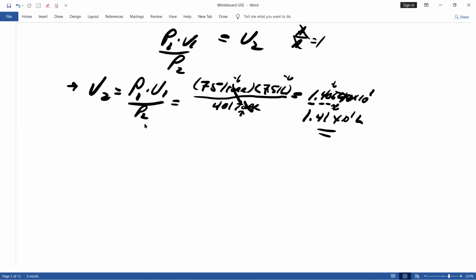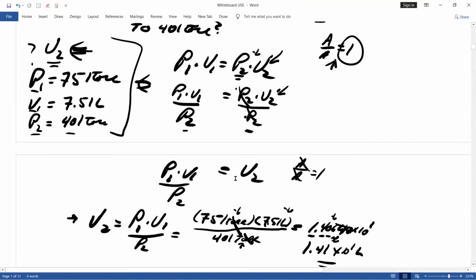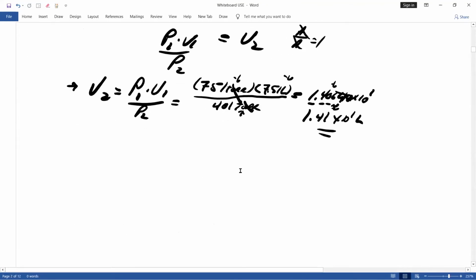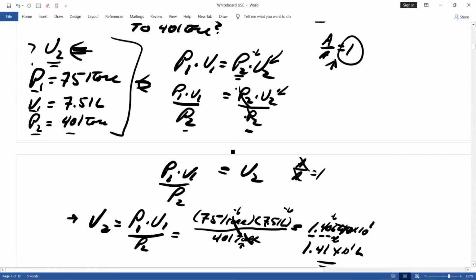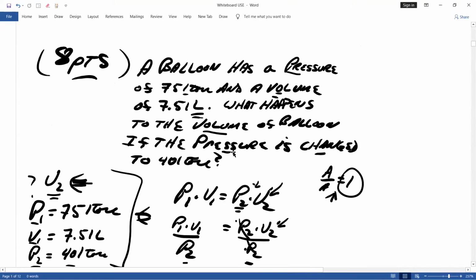So that was what would happen, and it would increase. And that's Boyle's law. Boyle's law deals with gases, especially not only balloons, but mainly cylinders. Well, let's go through this again.